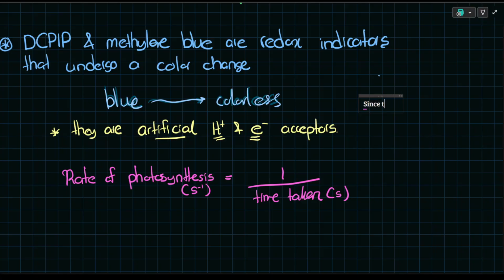Since the light dependent reactions in the thylakoid membranes produce, what do they produce? Electrons.